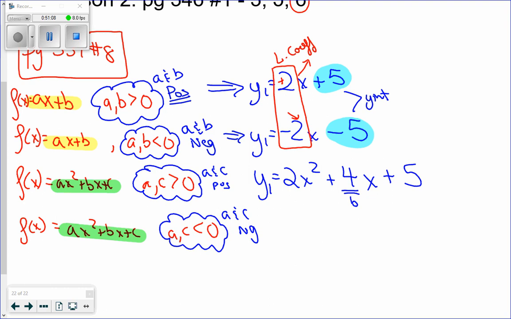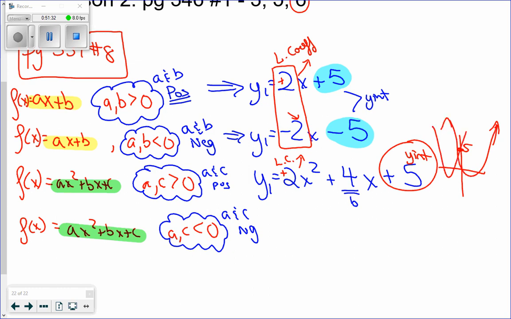Nope, number 3. Now, how do you know that? Because this is going to be the y-intercept, because that's the constant term. And this is the leading coefficient. It's positive, so you know it's going to go like that. So you're looking for a positive y-intercept, and it has to finish by going like that. So whether or not it looks like this or like that, it doesn't matter.